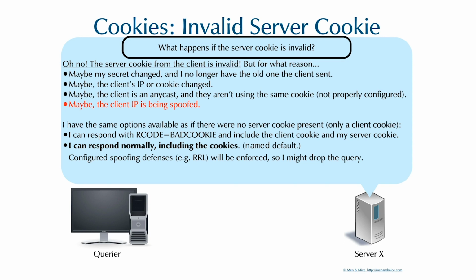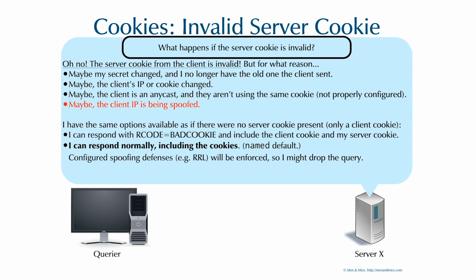What BIND does is respond totally normally, gives a positive answer, referral, NXDOMAIN, as if he doesn't care that there could be a spoofed IP address. Why? Well, because he's not configured for the protection that would provide this kind of protection for himself.